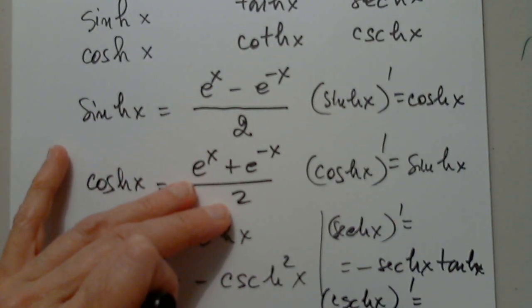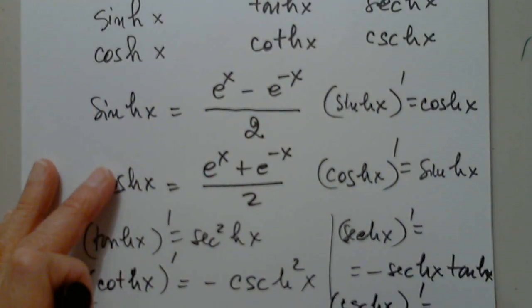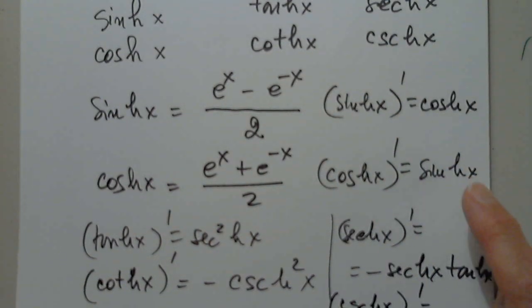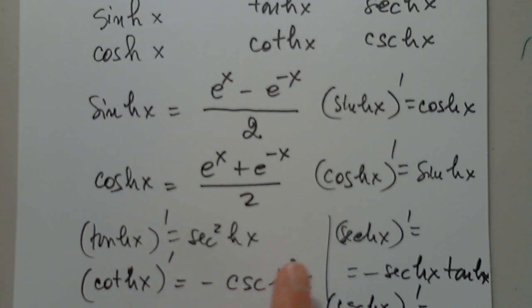So negative hyperbolic cosecant, hyperbolic cotangent. So the formulas are very, very similar. The first three, this one is not minus but plus. This one is exactly the same. This one has minus, and this one is exactly the same as what we know. So I'm going to share my screen and let's take a look.